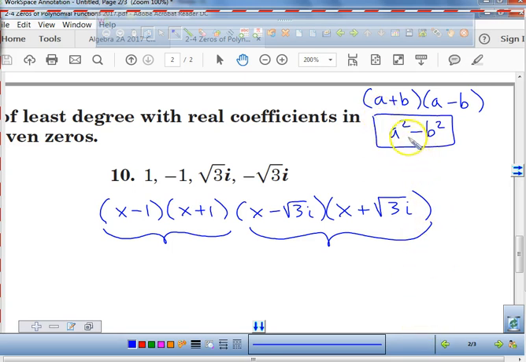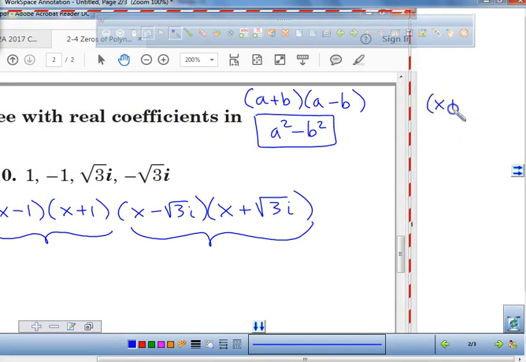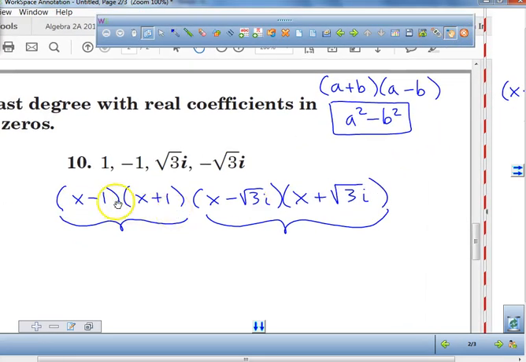This is called the difference of squares. And we've done this before. If I had x plus 2 times x minus 2, that becomes x squared minus 4. Okay? So why don't you guys right now pause the video, try to solve that on your own, see what you get. Just remember, the i is not on the inside of the radical, it's on the outside.